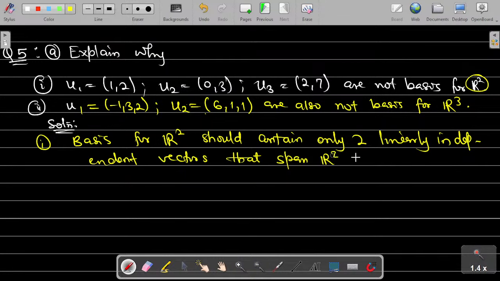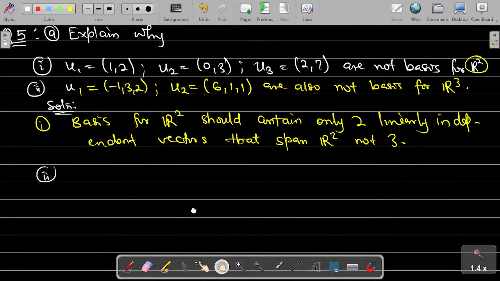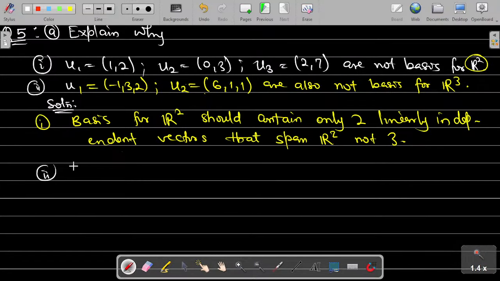Not 3. The reason you're saying not 3 is to let them know that this one has 3 vectors, and so it is not going to be a basis.